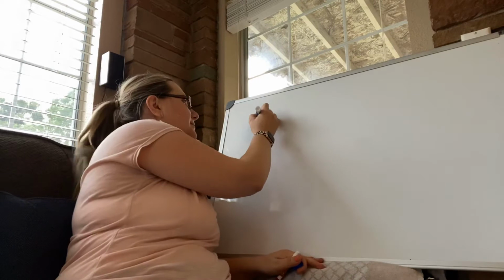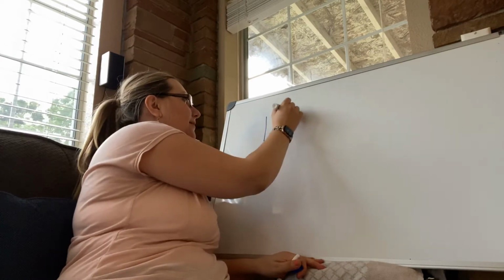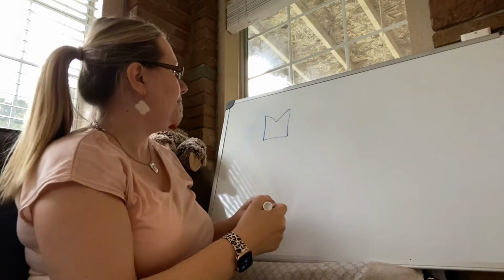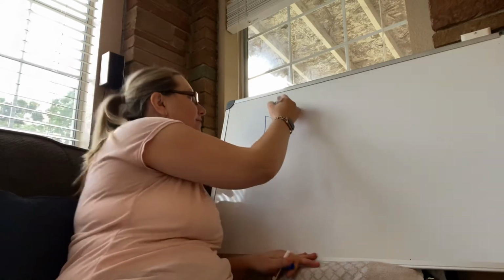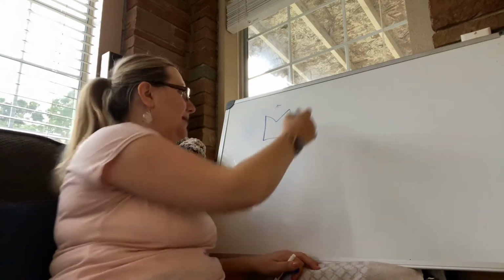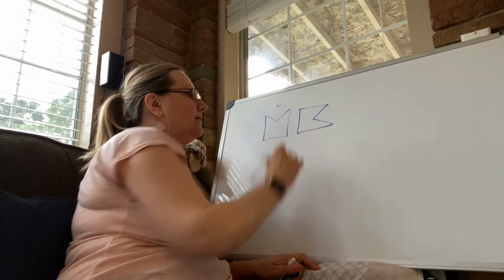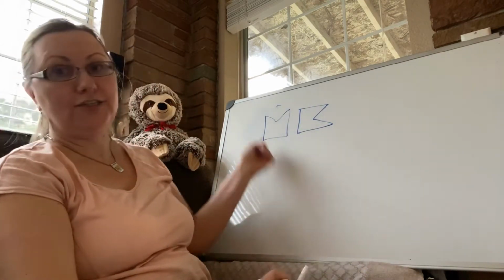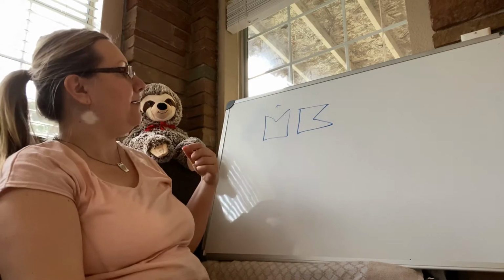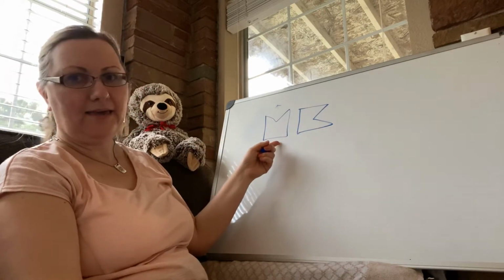So that's this shape here. If you were to think of this as the top of it, and we turn it this direction, 90 degrees to the right. Does it look exactly like that?